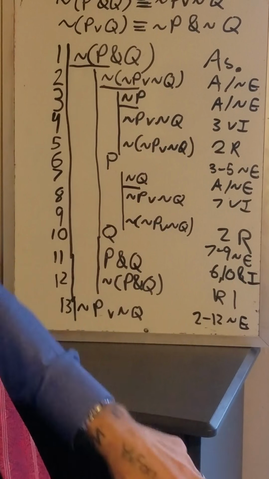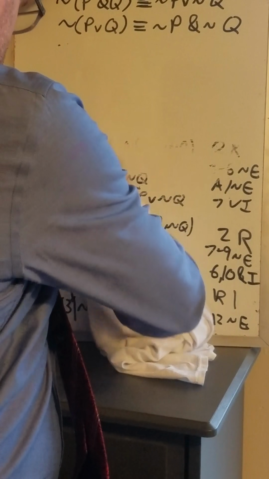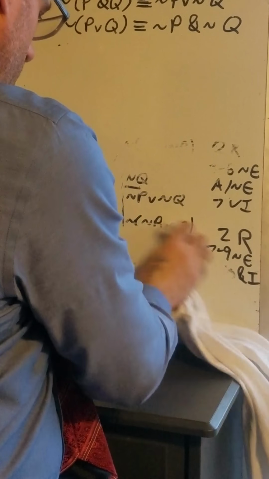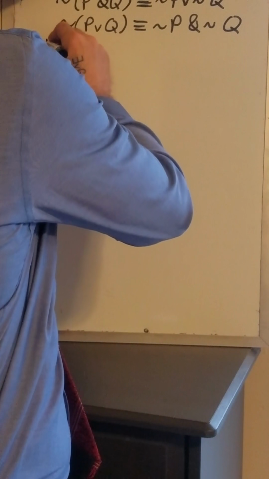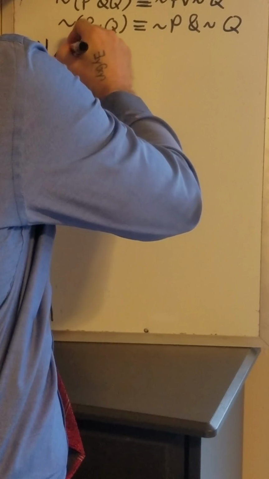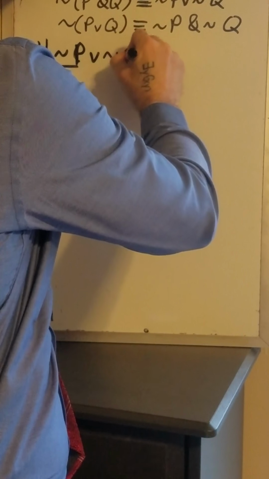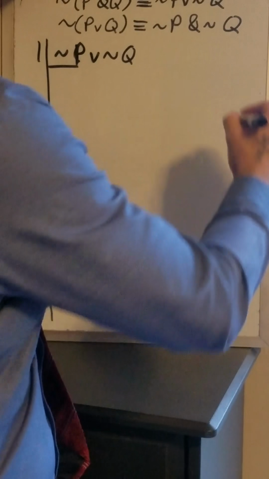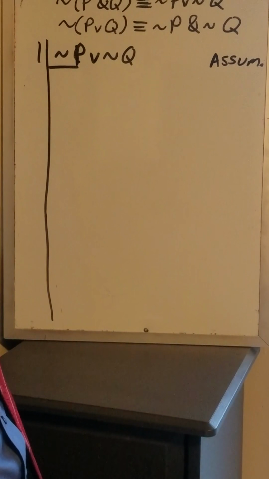Okay, so let's go back the other way now. Let's go from not P or not Q to not P and Q. We're trying to get to not (P and Q).